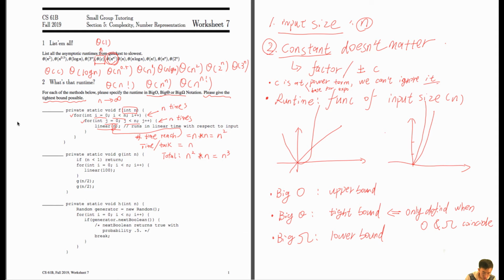So that being said, the upper bound is n cubed, and the lower bound is n cubed as well. Therefore, the lower bound and the upper bound coincide with each other, so we can use a tight bound, which is theta n cubed. And that's the answer to this question.